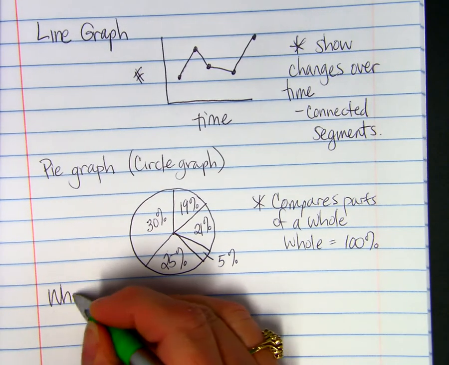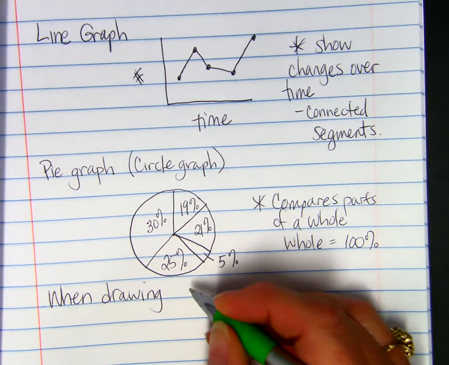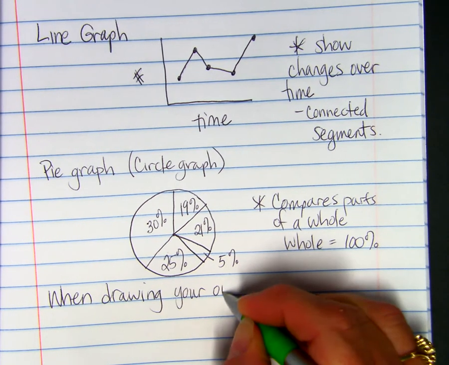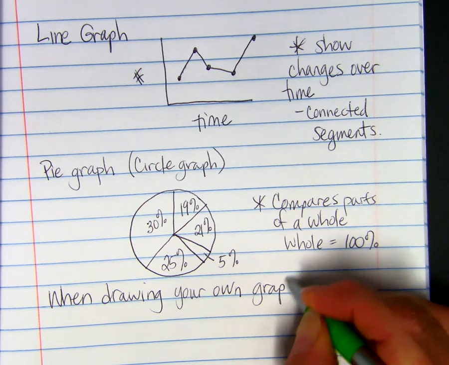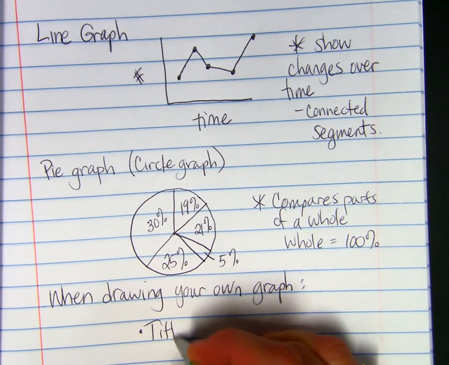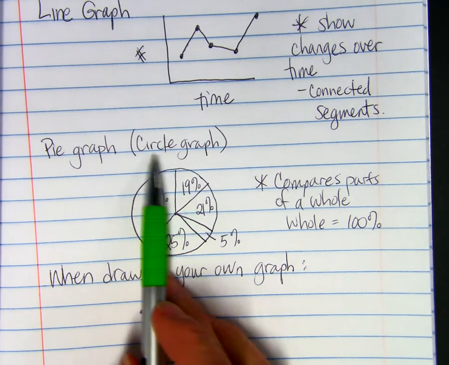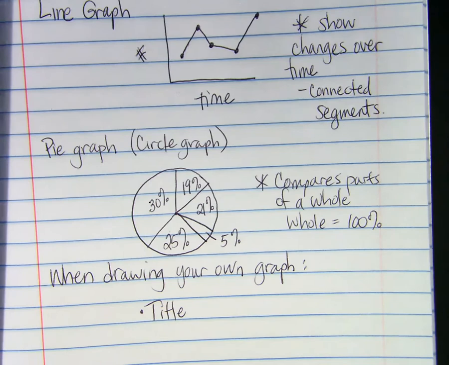When drawing your own graph, you're going to be asked to draw graphs. There's some things that you need to remember. You have to have a title to your graph. So at the top of your graph, you'll have a title.